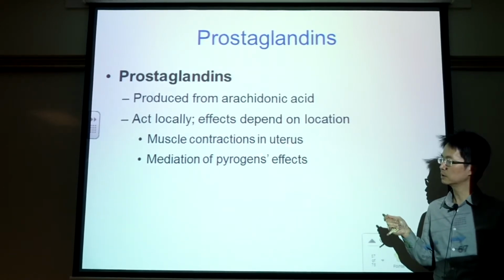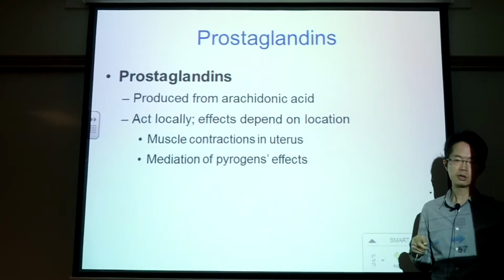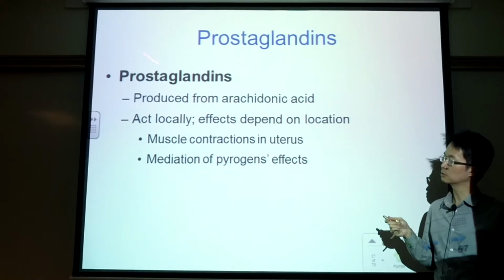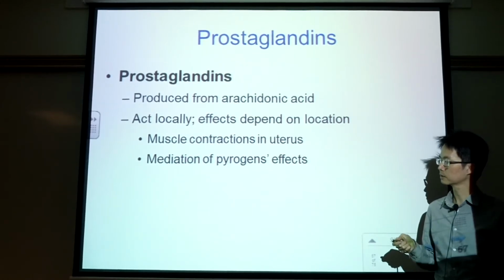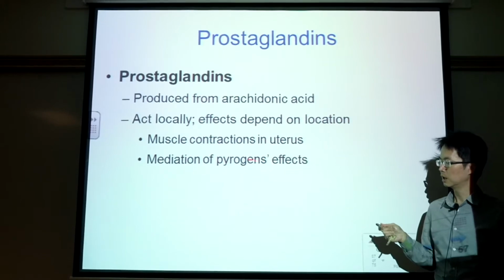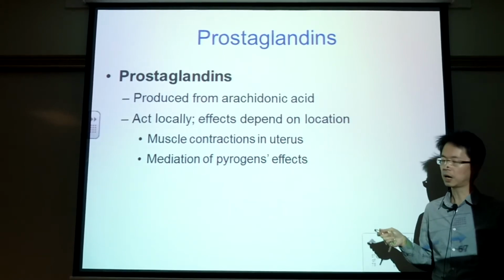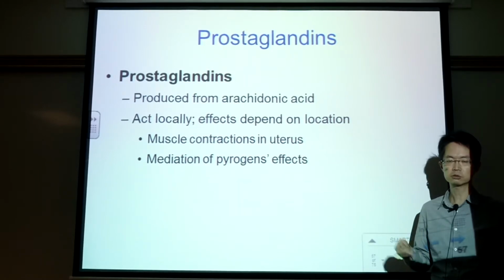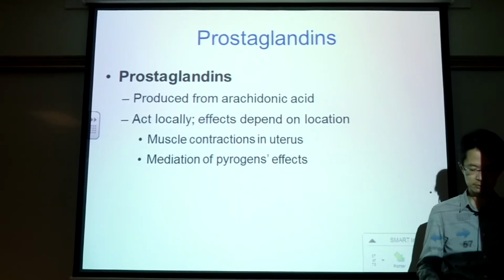One of the major functions is that it causes the contraction of the uterus during labor, during childbirth, or we call it parturition. So when the uterus contracts during parturition, it is induced by prostaglandin. It also works with the pyrogen. Pyrogen is the molecule that will increase our body temperature so that we will have a fever.